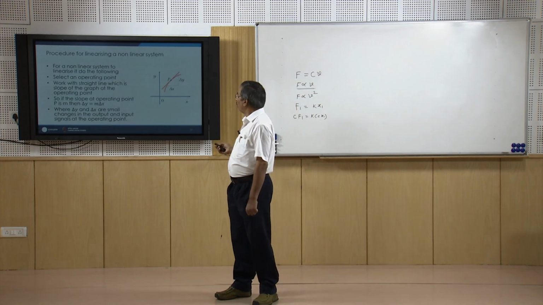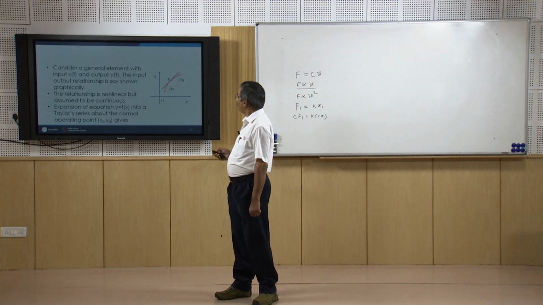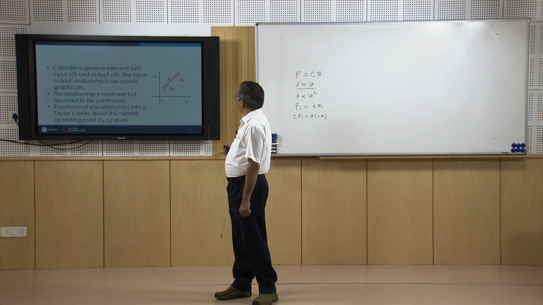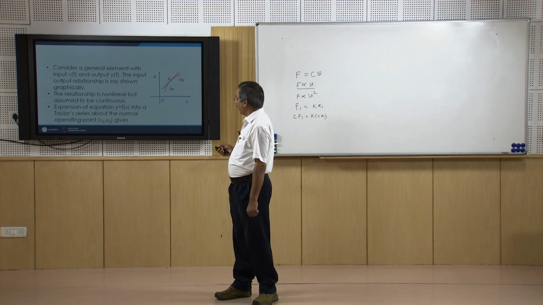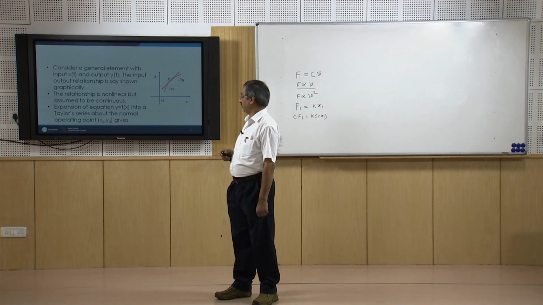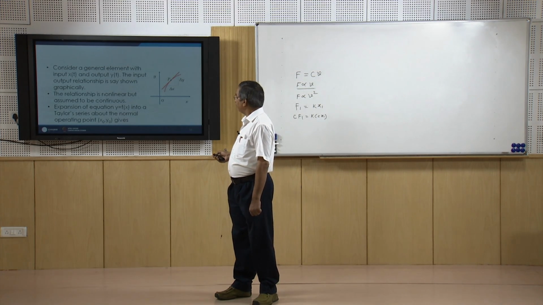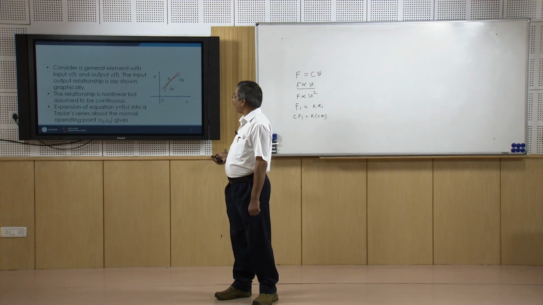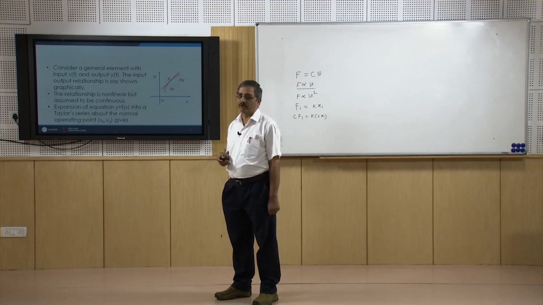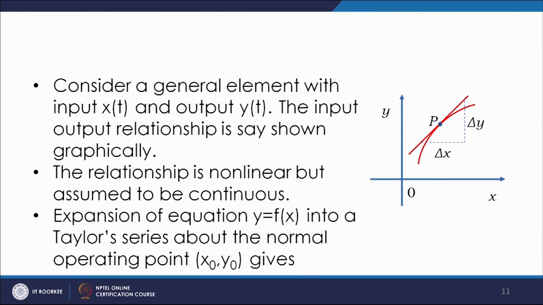So, if I look at the curve again, for a general element with input x(t) and output y(t), the input output relationship, as I said, is shown here, which is actually a non-linear relation. Of course, I am going to assume that it is continuous.